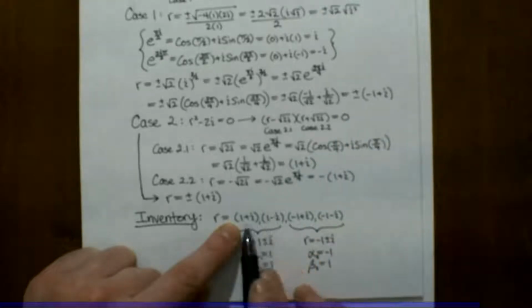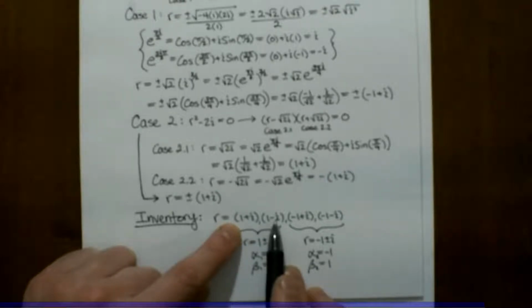So we're using a solution from case 2 as well as a solution from case 1. But if we consider what these can be written as, this is then 1 plus or minus i. And here the alpha and the beta terms become apparent. Alpha is 1 and beta is also 1.